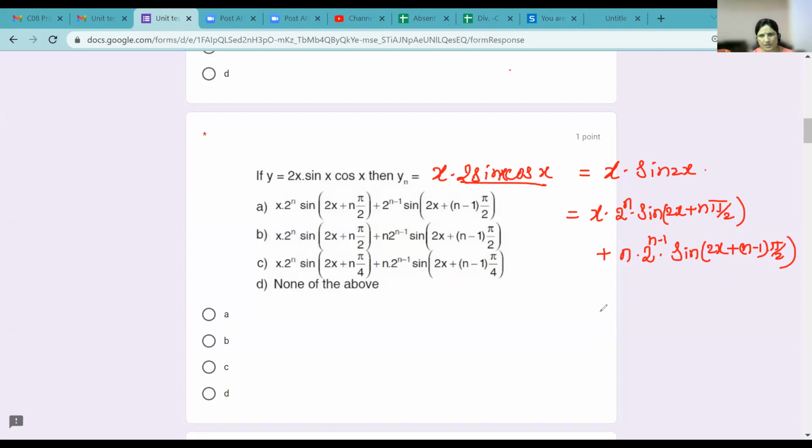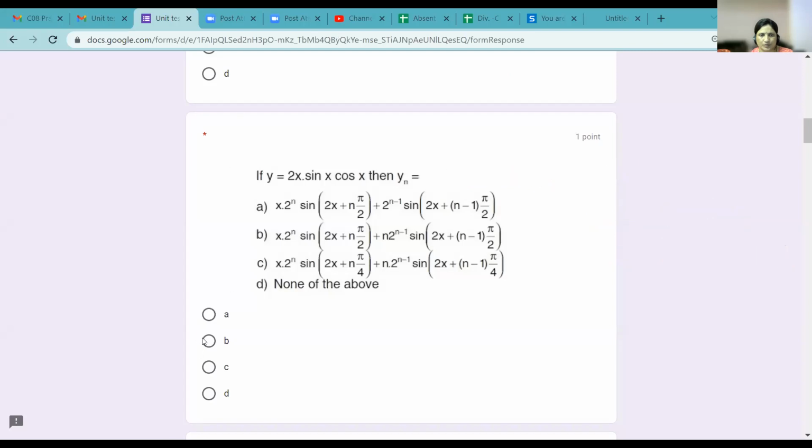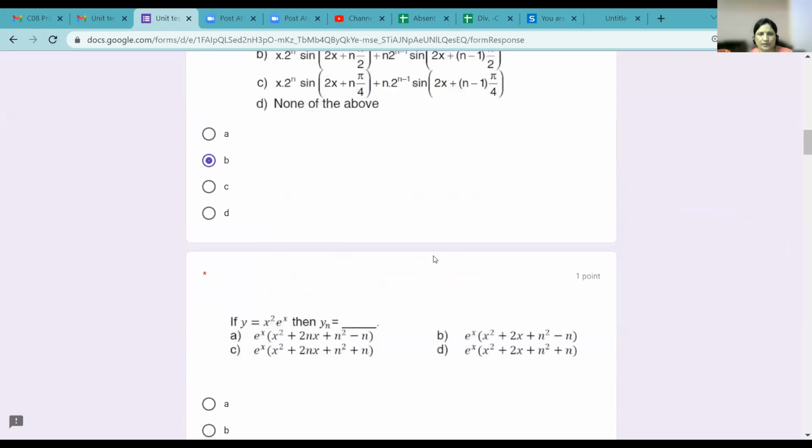Which option is the correct option now? Option B. Now we are going for next one.